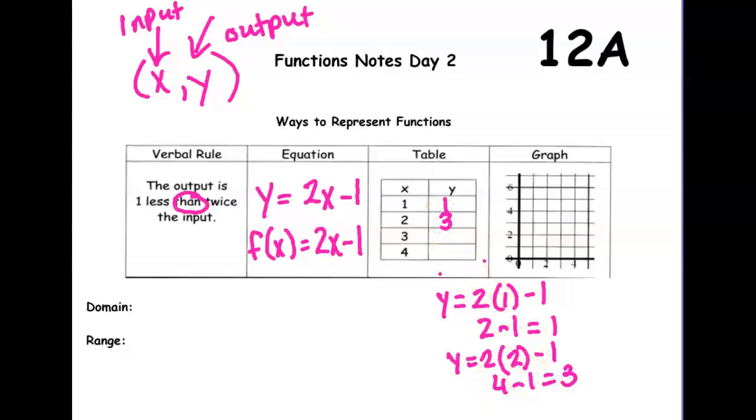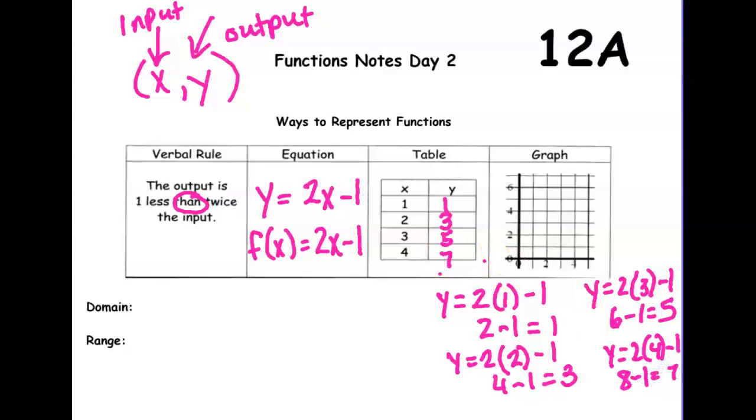An input of 3, so y is equal to 2 times 3 minus 1, would give us 6 minus 1, which is 5. And for 4, y is equal to 2 times 4 minus 1, which is 8 minus 1, which is 7. So we just populated the table with the given inputs.